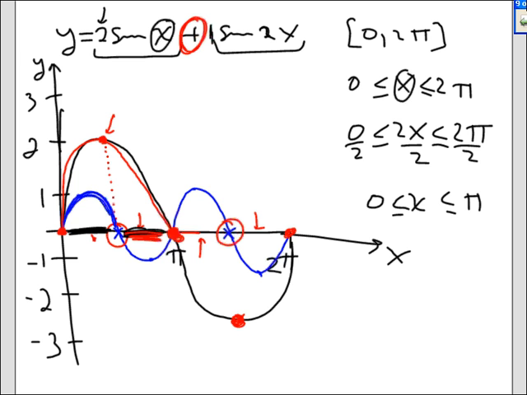Now let's talk about this interval. The black graph is always negative. The blue graph is always positive, but not as positive as the black graph is negative. If you're negative and you add a small positive number, you're less negative.